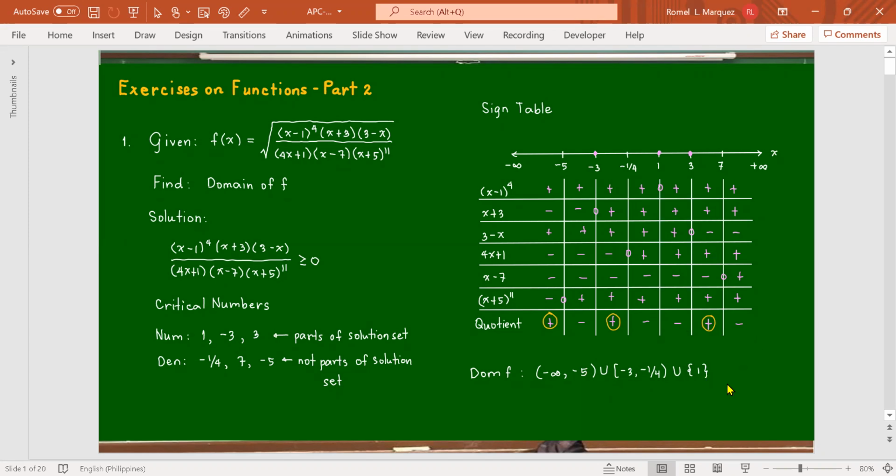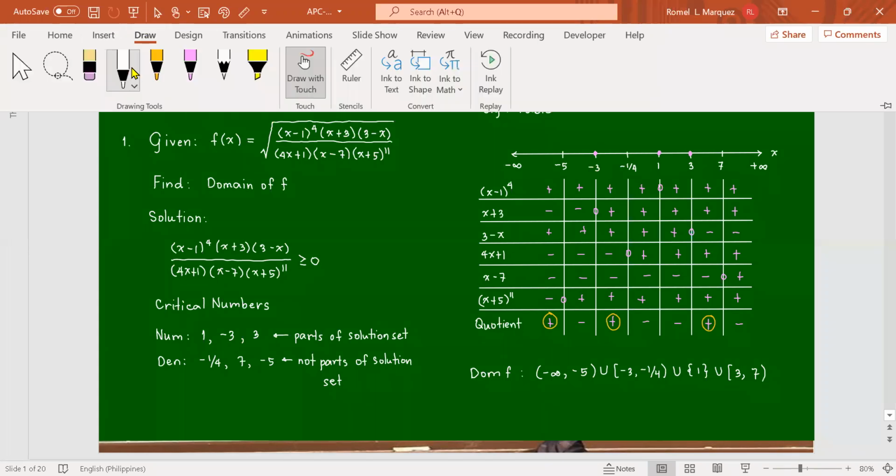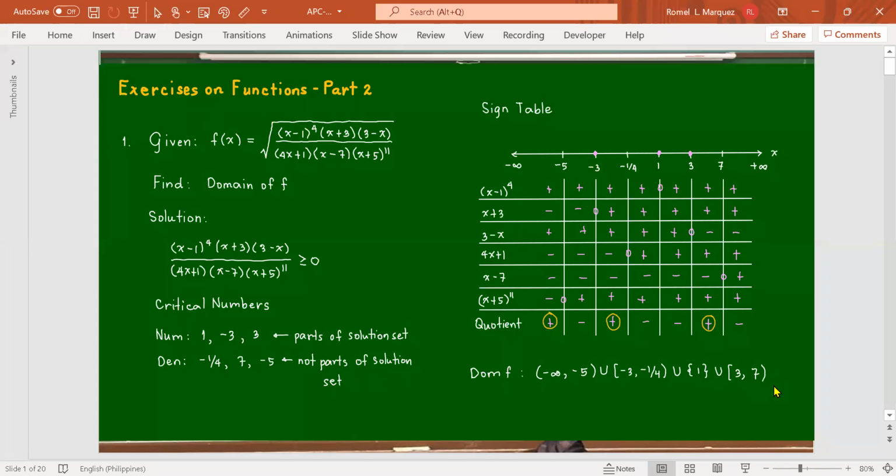So we have from 3 to less than 7. Would you please check my answer, guys? Is this correct, guys? Yes, okay? Master. So that's the domain of f, which is the solution to this inequality.